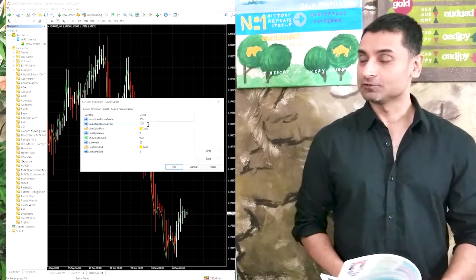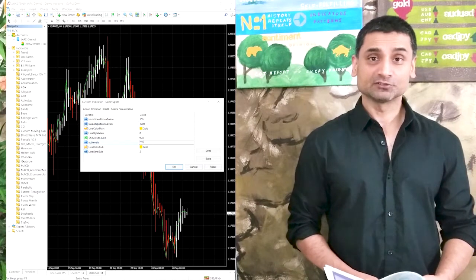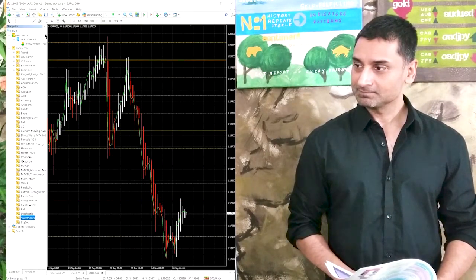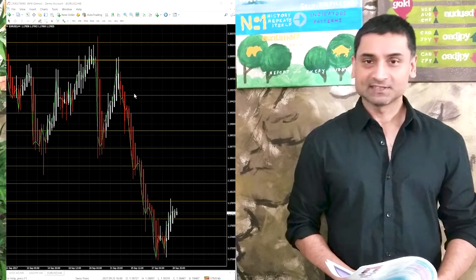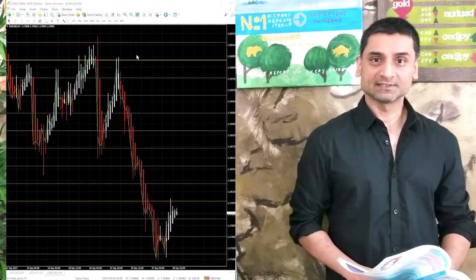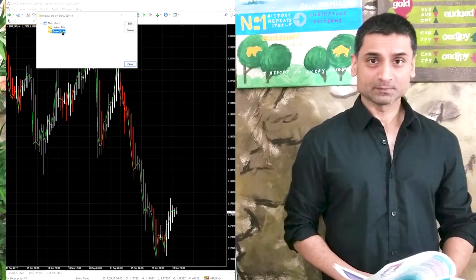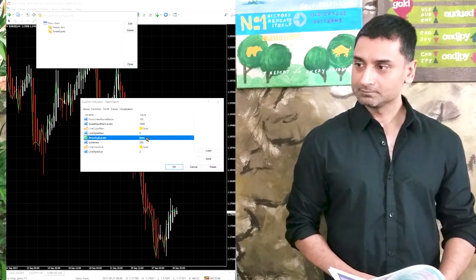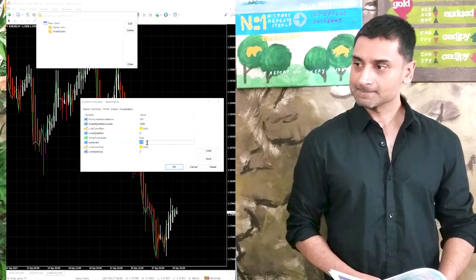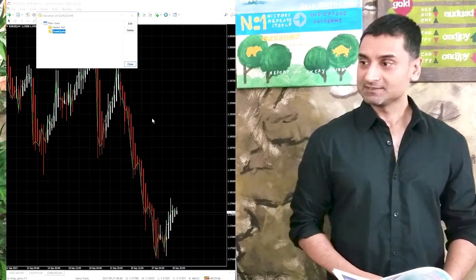Then we add our sweet spots, and we change the settings slightly so there's not too many lines. So the ideal setting for the sweet spots for this strategy would be 1000 and 500 on the bottom one. And that's what we get.